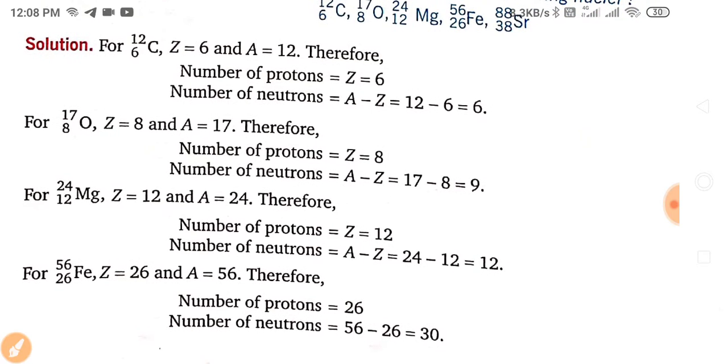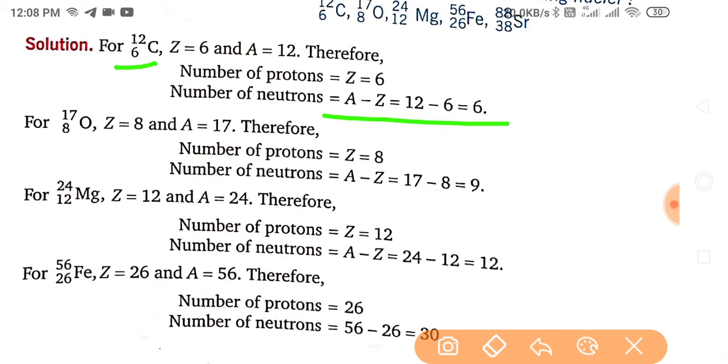First solution, carbon: Z is equal to 6 because atomic number means number of protons, which is 6, and its mass is 12. So we have to calculate the number of neutrons. We do 12 minus 6 is equal to 6.